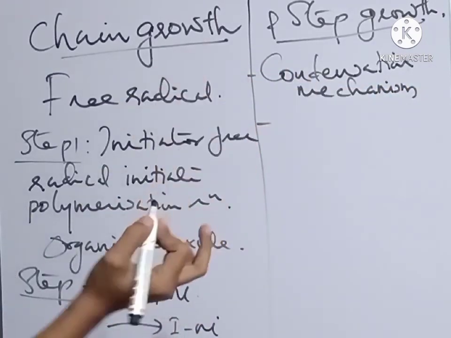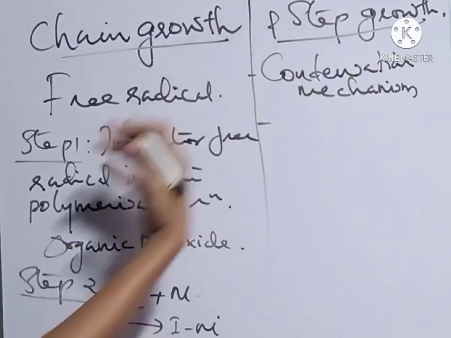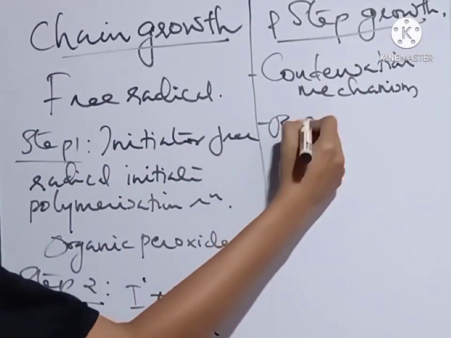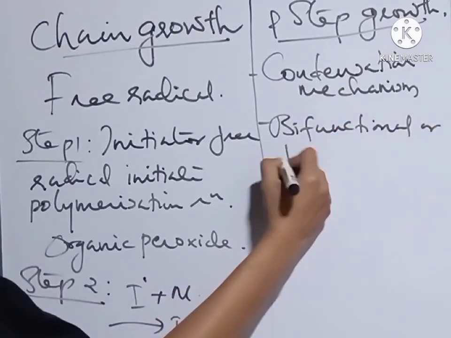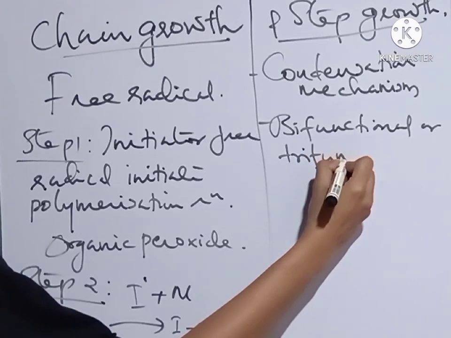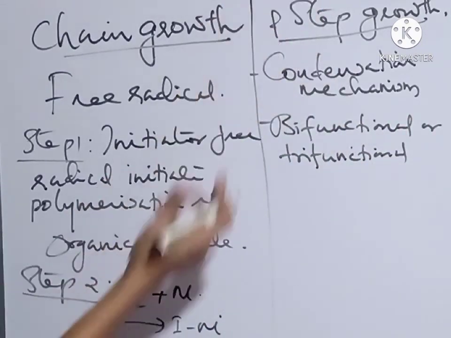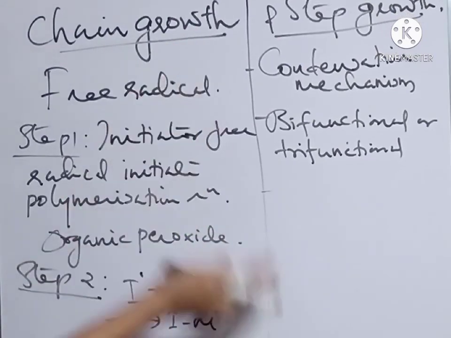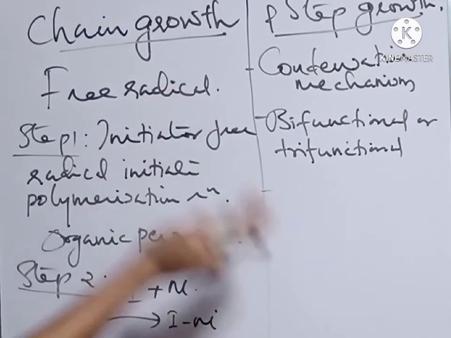So bifunctional or trifunctional units are condensed to form step growth polymers. Bifunctional or trifunctional units combine to form step growth polymers, and the polymers are formed through many successive steps.